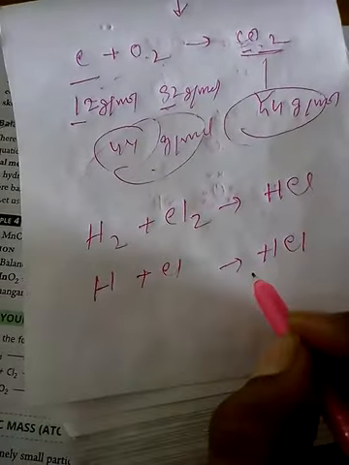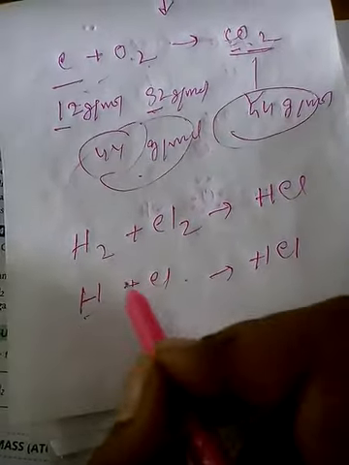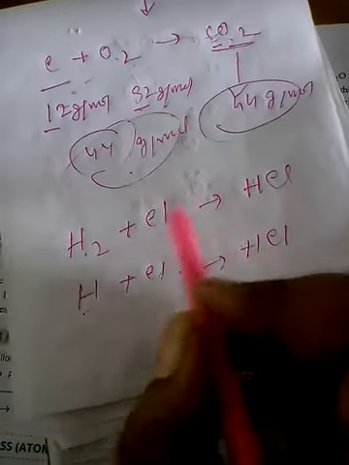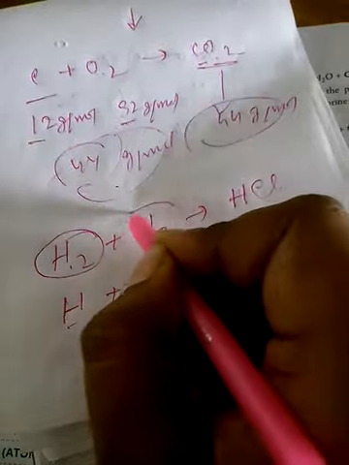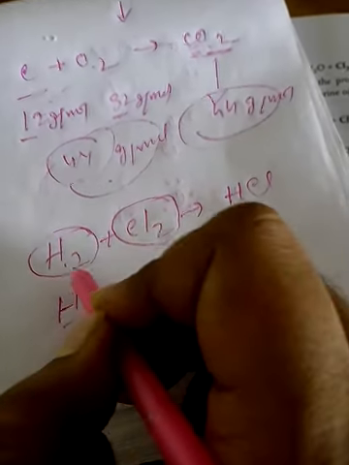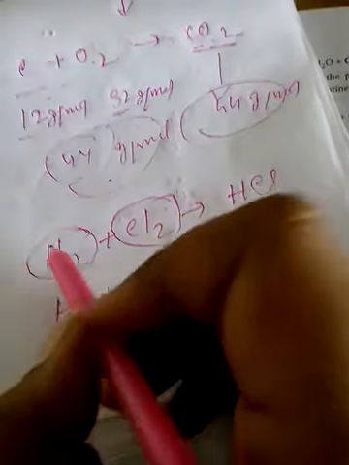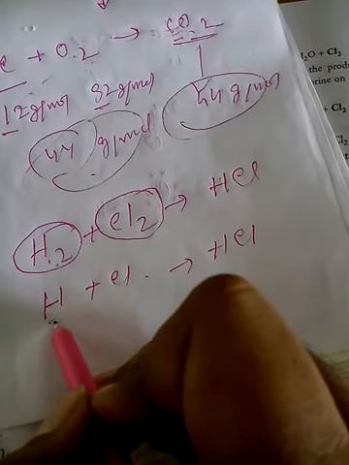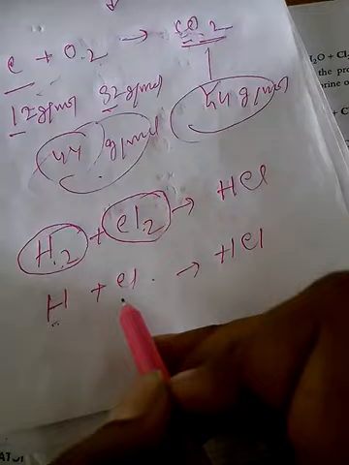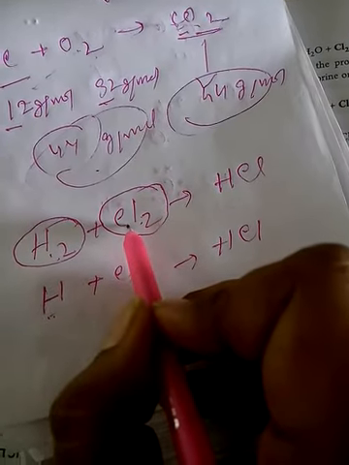What mistake are you making if you write H plus Cl? While writing a chemical equation, you need to follow the elementary form of any atom. So what is the elementary form of hydrogen? H2, not H. Hydrogen is diatomic, right? Chlorine is also diatomic, so you have to write it as Cl2.